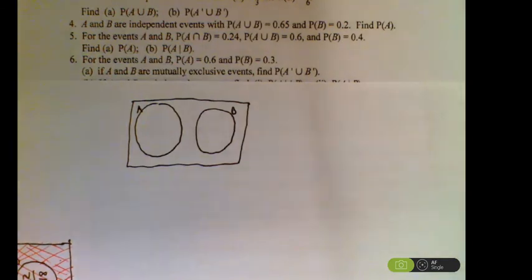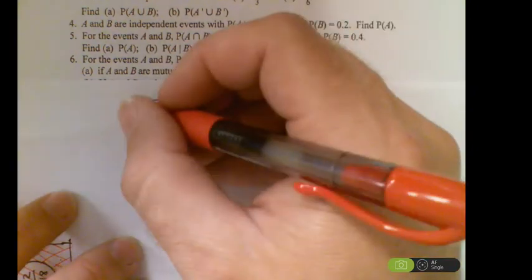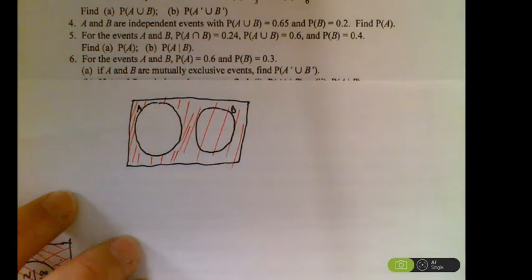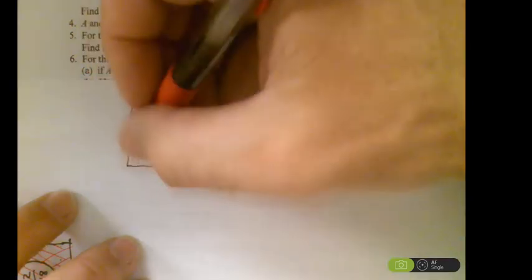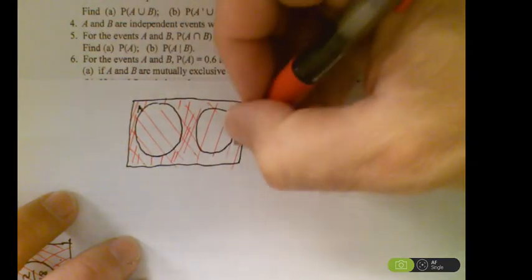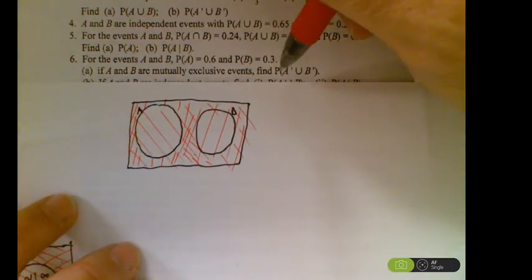So now if I were to do the same approach that I took with the Venn diagram before, and start out by shading the areas that are not in A, so there's everything that's not A. Also, if I shade everything that's not in B, so here's everything that's not in B, notice what we have.